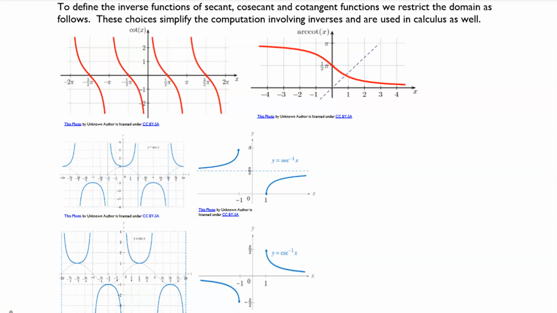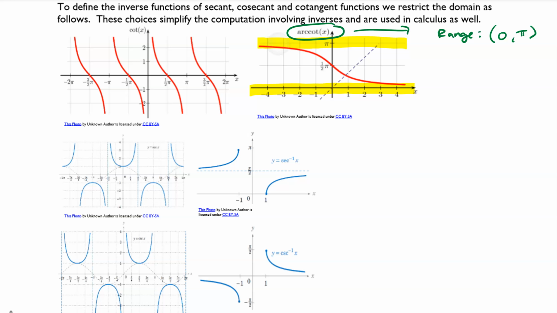In order to define the inverse functions of secant, cosecant, and cotangent functions, we restrict the domain as follows. These choices simplify the computation involving inverses and are used in calculus as well. So notice here that the range for arccotangent is between 0 and pi.